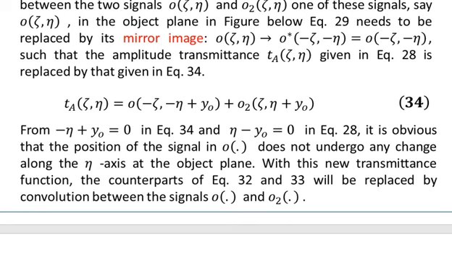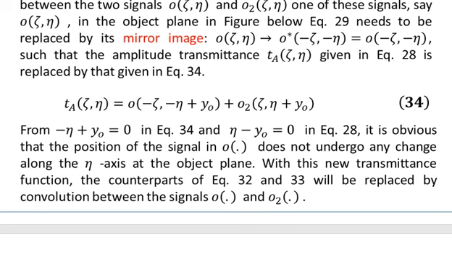So after introducing the mirror image of O as a function of minus zeta and minus eta, and then rewriting the amplitude transmittance as given in equation number 34, and finding that the position of the signal in O does not undergo any change along the eta axis at the object plane.